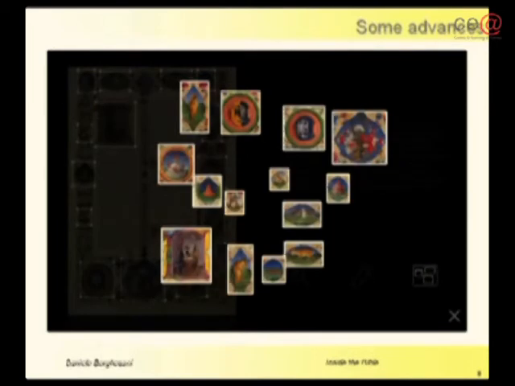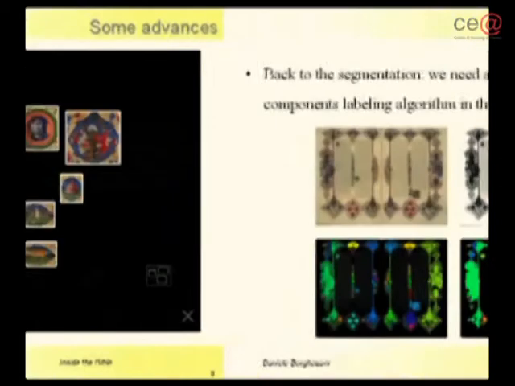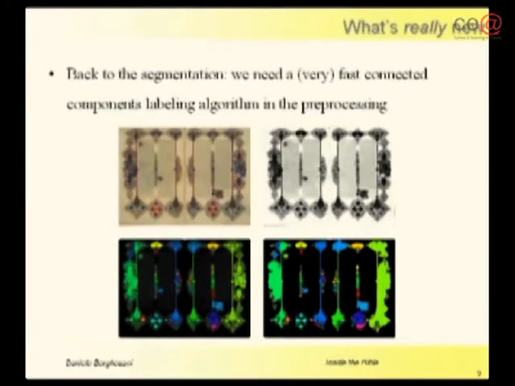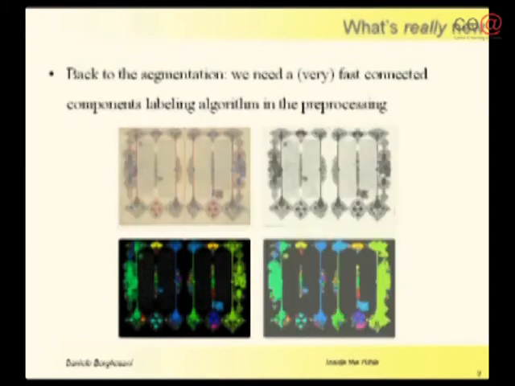But the main accomplishment this year was not the high-level segmentation of these pages, but it was accomplished in the early stages, in the preprocessing phase. In particular, there's an algorithm we need in the preprocessing that is connected component labeling.